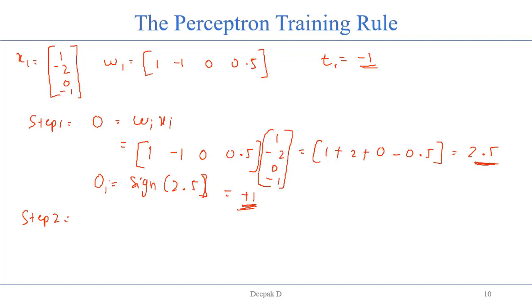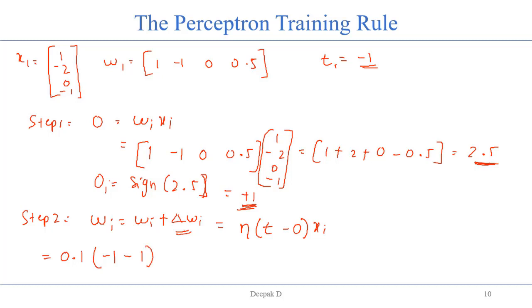So how do we update? The update is wi equals wi plus delta wi. So we need to identify this delta wi. For this, the formula is η (t minus o) xi. So substitute these values, as we know that the learning rate is 0.1, and t is the target value that we need, minus the output we have received, that is +1.